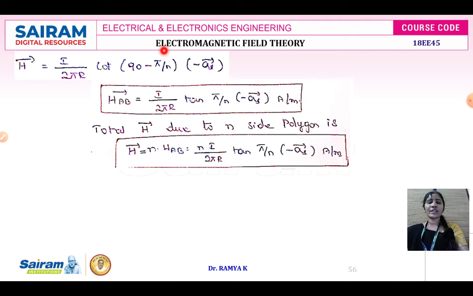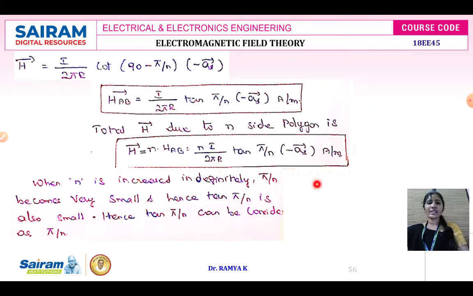Cot of 90 minus pi by n is nothing but tan pi by n. Therefore, if the polygon has n sides, we multiply this single side magnetic field intensity by the number of sides, so that we get ni divided by 2 pi r tan of pi by n in the minus ax direction, ampere per meter. This is the expression for the magnetic field intensity for an n-sided polygon.